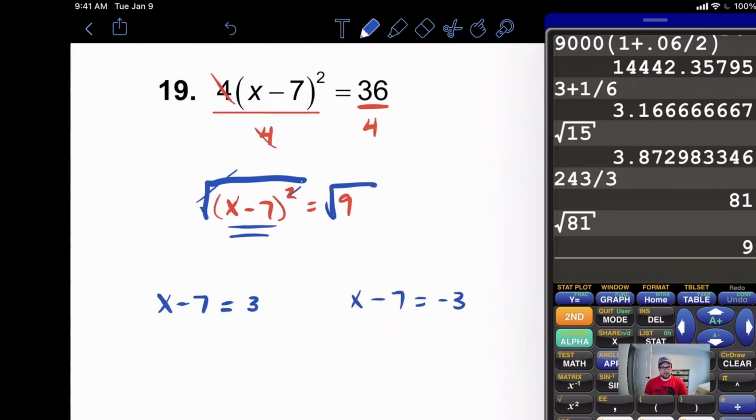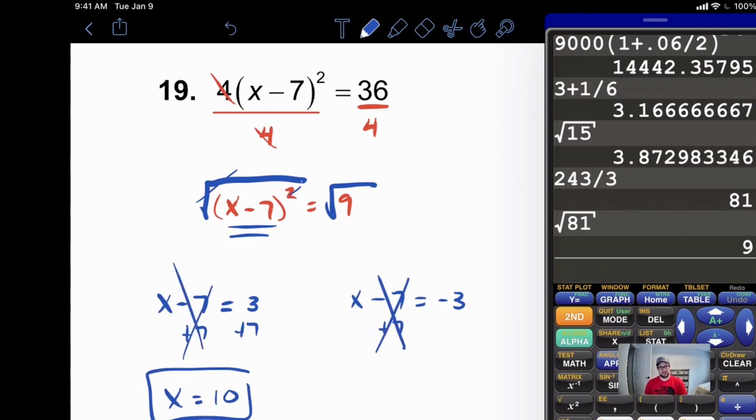But down here, x is not alone at this point, so we're going to have to do a little bit of extra work. So we'll add 7 to both sides, and that will give us x is equal to 10. And then on the other side, when I add 7, these 2, of course, cancel out just like those did. -3 plus 7 is going to give us x equals 4, and that will be our final answer.